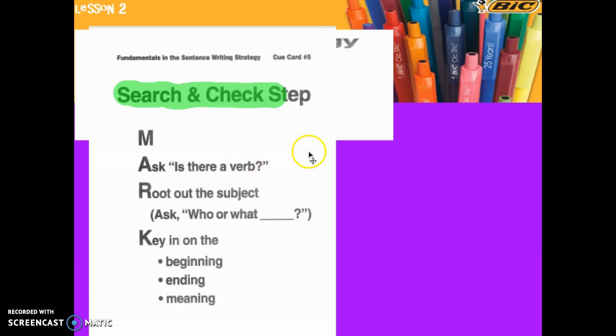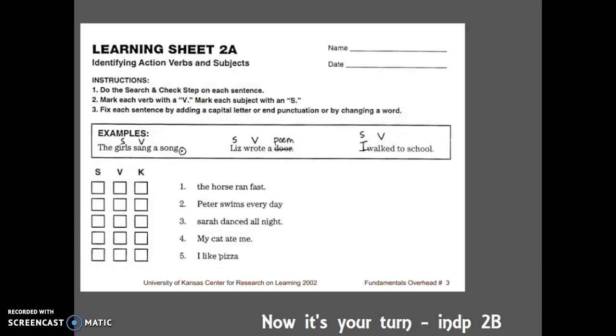So let's go through the search and check steps on a few sentences. Okay, we're going to mark each verb with a V and each subject with an S. Fix each sentence by adding a capital letter or end punctuation, or by changing a word. Okay, so sentence number 1, I'm going to come right down here. The horse ran fast. So if I'm going through the steps in MARK, M we don't know yet. A stands for ask.